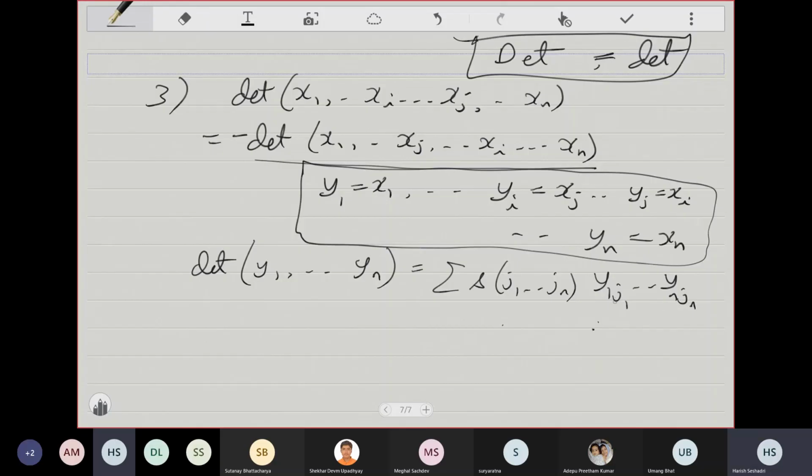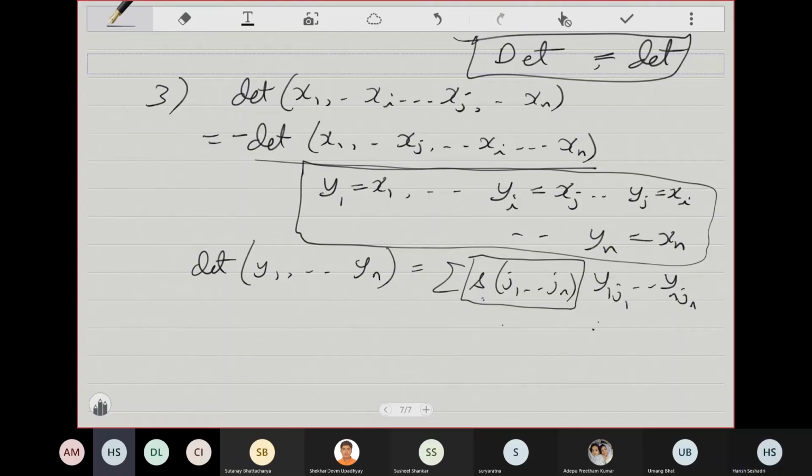Likewise, in the sum, all except two of these numbers will be the same as the corresponding terms if you start with the x vectors. The only thing you have to remember is the sign factor, which depends just on the index, not the actual values of the y's.